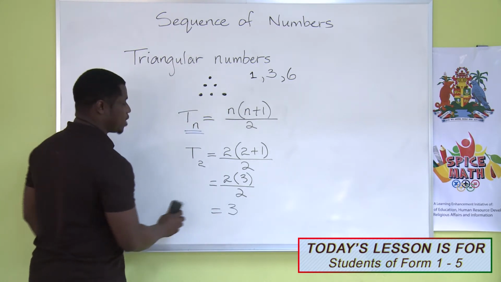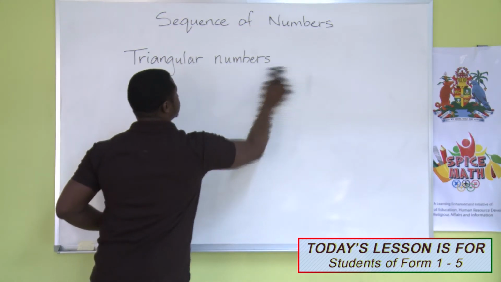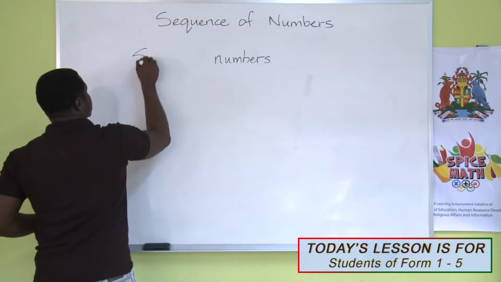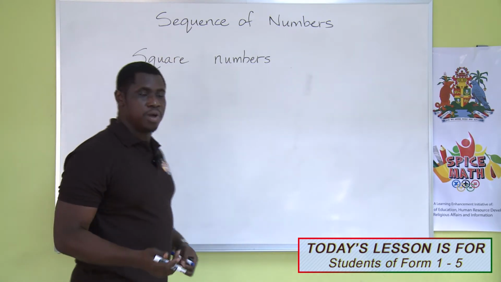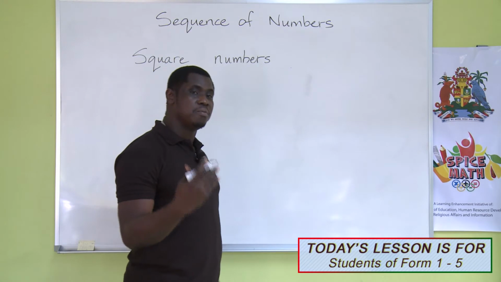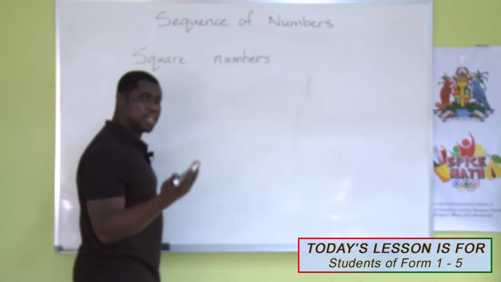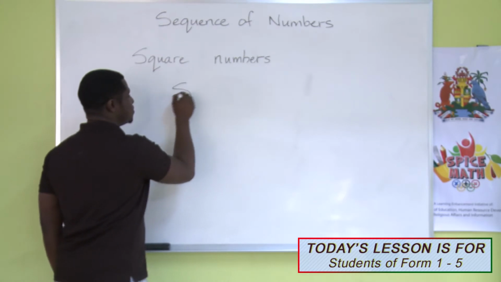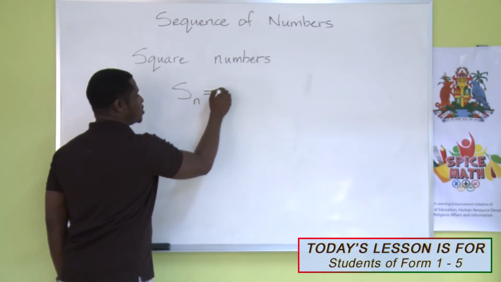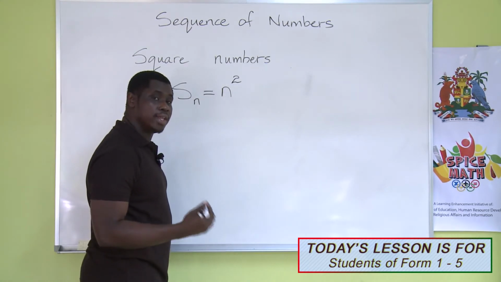Another pattern that we'll look at today as well would be square numbers. And for square numbers, we are simply multiplying each number by itself. So again, a formula that would denote squared numbers would be n to the power of 2, or n squared.